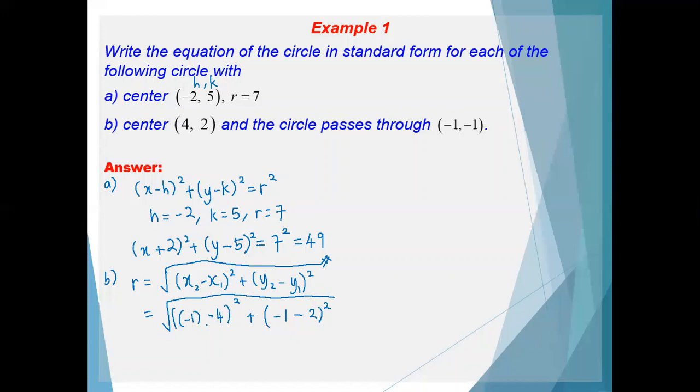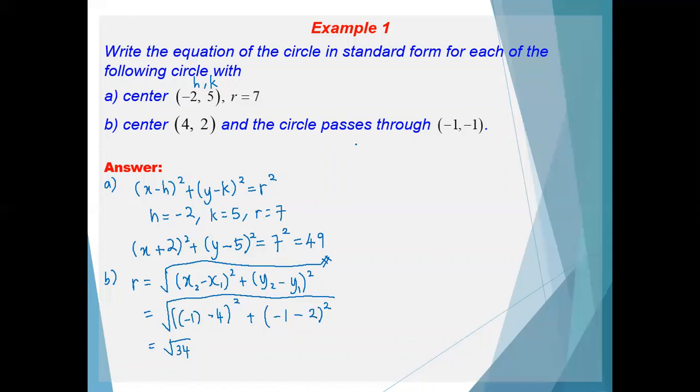Okay, this one is 5 squared plus negative 3 squared. So you got 25 plus 9, so r is equal to square root 34.